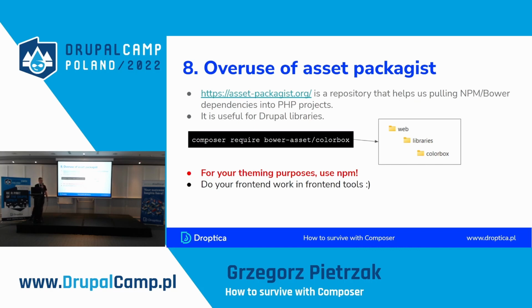In Drupal, Colorbox has like 300,000 installs or more, so it's very widely used. And sometimes it's better to just download it by Composer and forget about it. But generally, I would advise to use npm for your theming purposes, and Composer for your backend purposes.